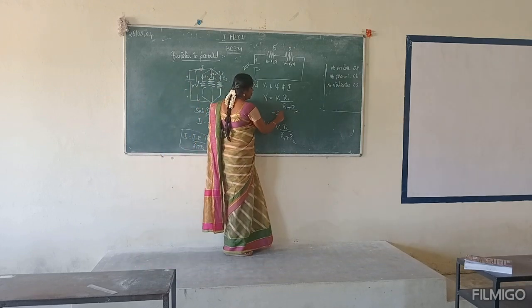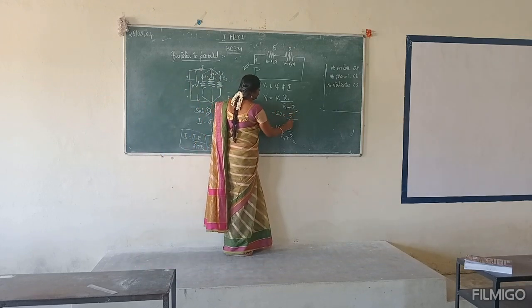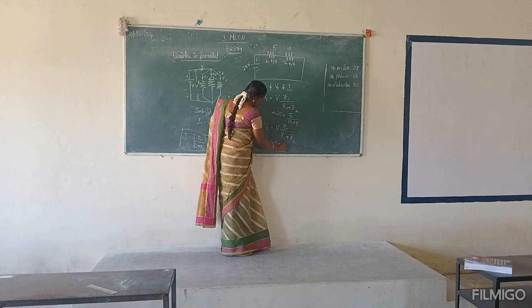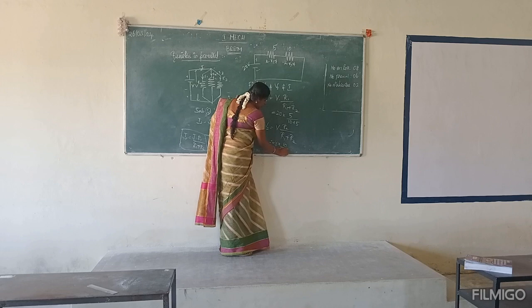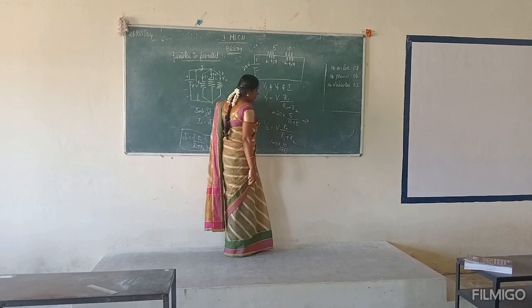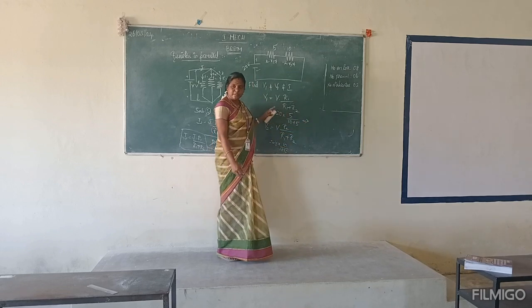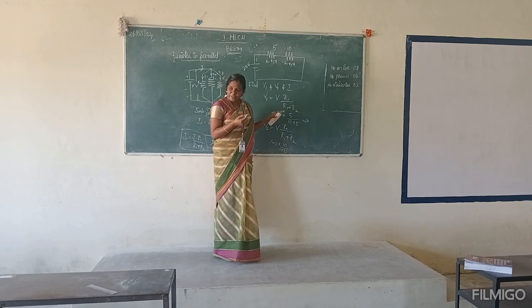So total voltage is 20 into 5 divided by 10 plus 5. 20 into 10 divided by 10 plus 5. What is the value? 40 by 3.